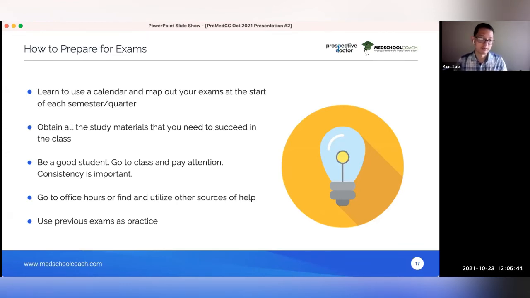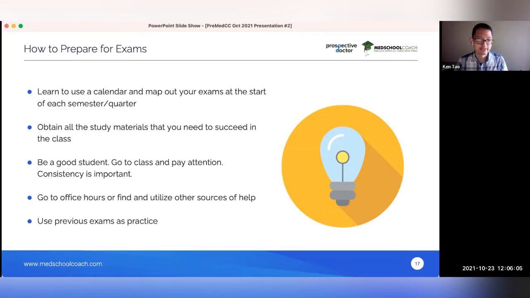So yes, it's a long time ago, but professors are often busy. And I'm not going to say they're lazy, but what professors tend to do is reuse questions from previous exams. Or if they don't use the exact questions, they reuse the question formats.